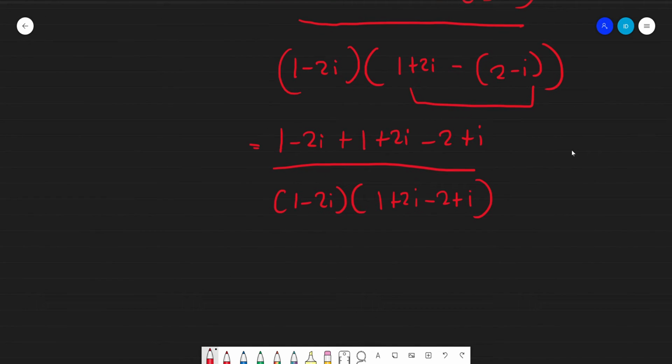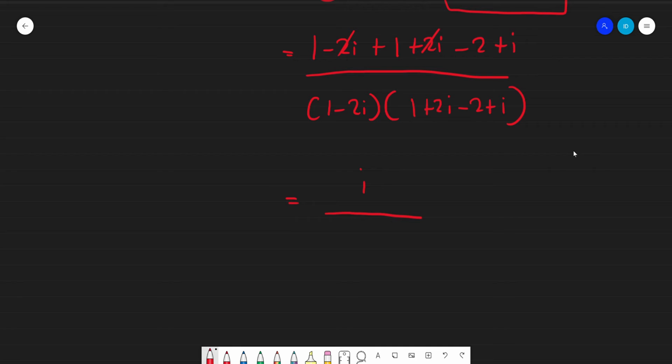Now you can expand the numerator and the denominator. You can cancel out these terms, and you get 2. 1 plus 1 is 2, 2 minus 2 is 0. So you will be left with i for the numerator, then divided by the denominator 1 minus 2i, then negative 1 plus 3i.